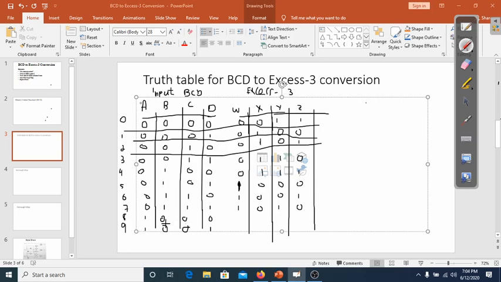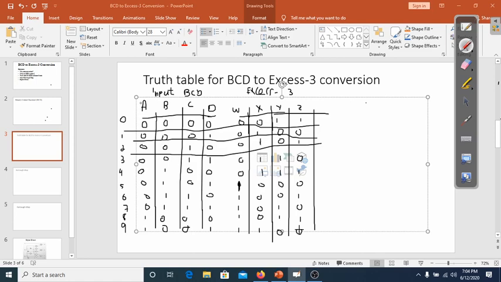For 8 this would be equal to 1 0 1 1. For 9 it would be equal to 8 plus 4, which is 12, so 1 1 0 0.